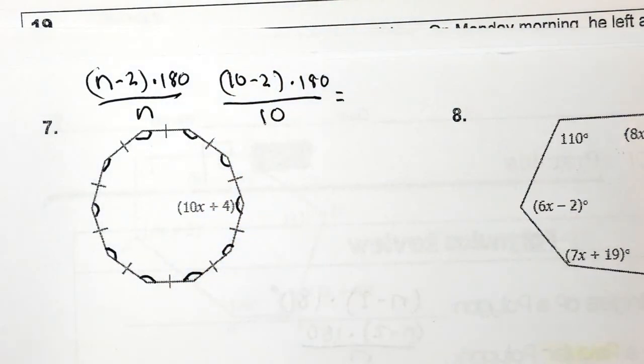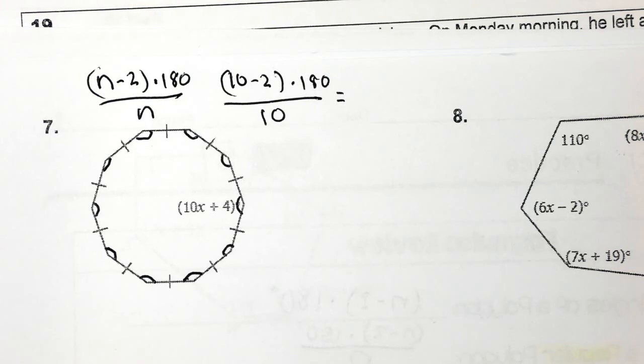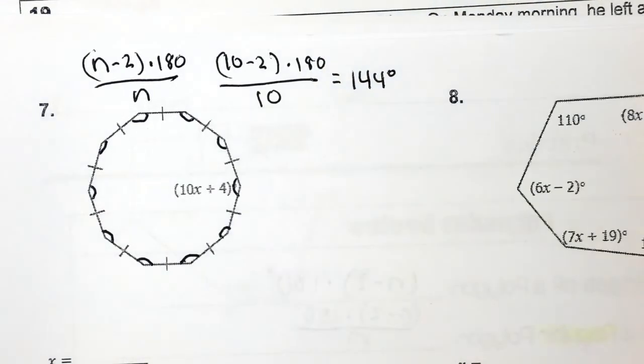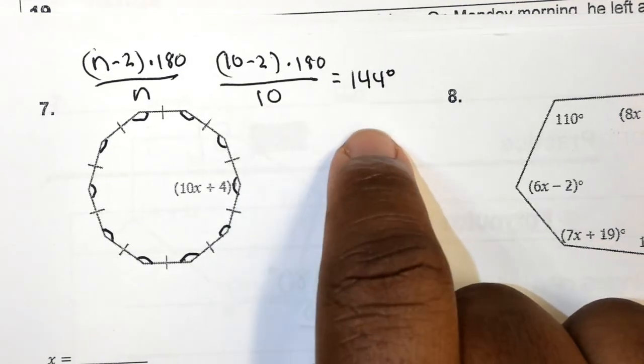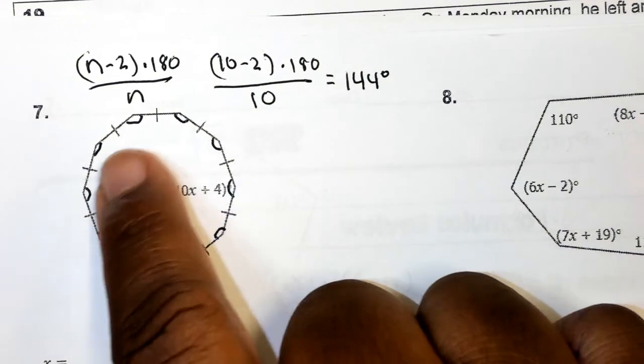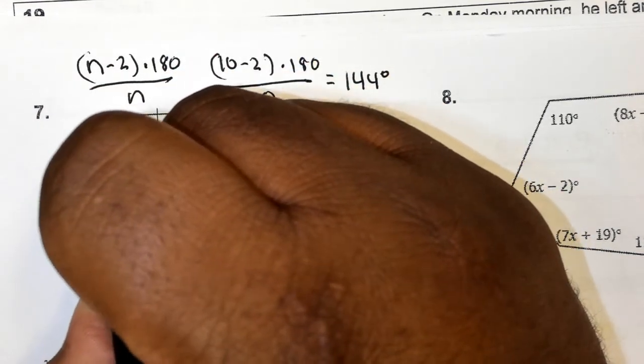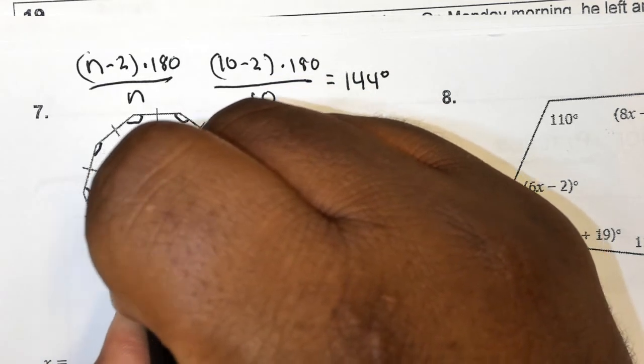10 minus 2 is 8 times 180. That's 1440. And then divide by 10, you'll get 144. Alright, so 144 degrees. And then from there, now I know all these individual angles in here equal 144. 144, 144, 144, 144, all the way around.